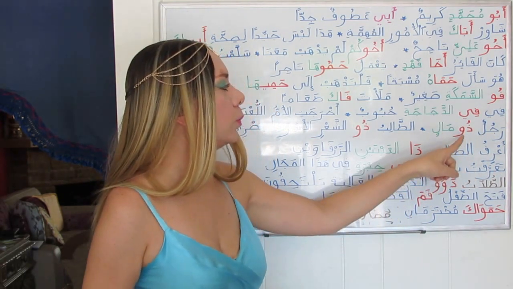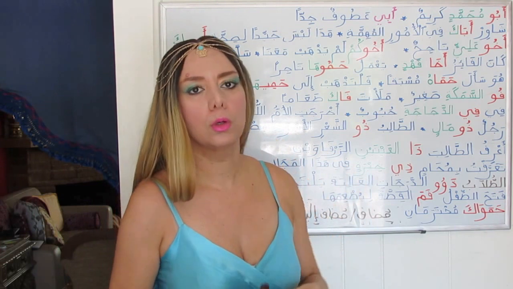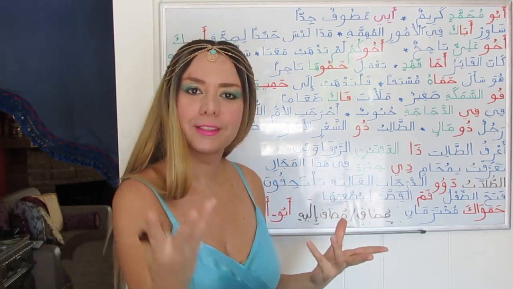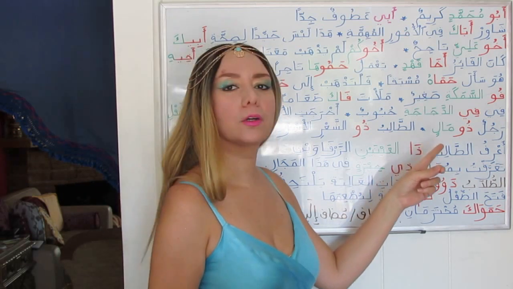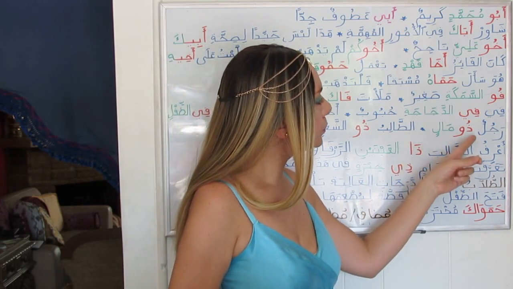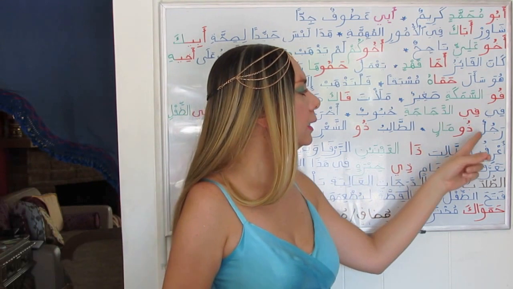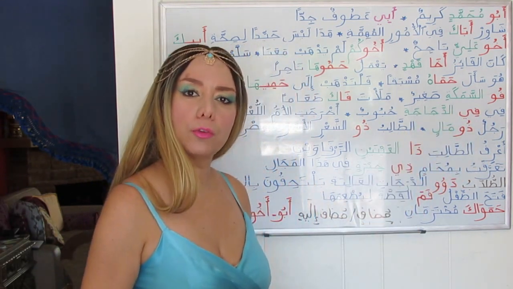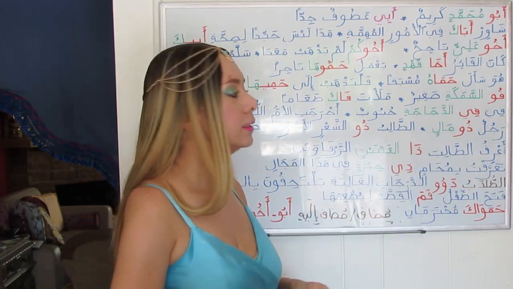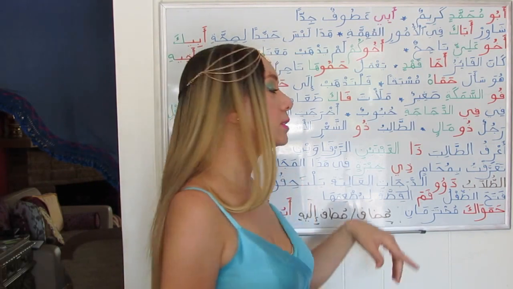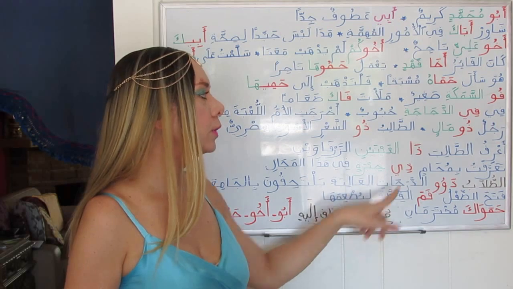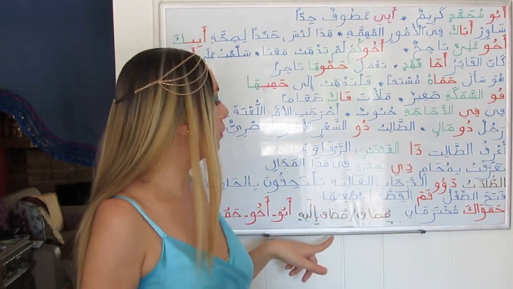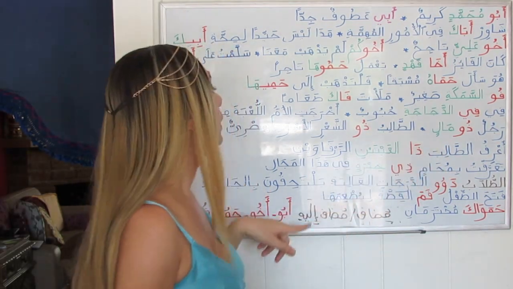So here we have rendered ذو with. So a man with money. Alright? And here ذو مال is the predicate of رجل. That's why it is in the nominative case with the sign of واو. First term مضاف, second term مال مضاف إليه in the genitive.